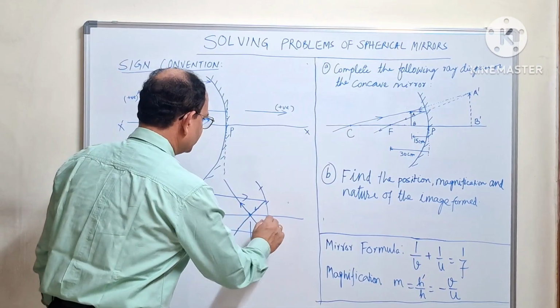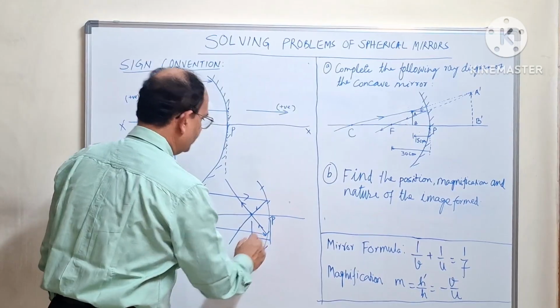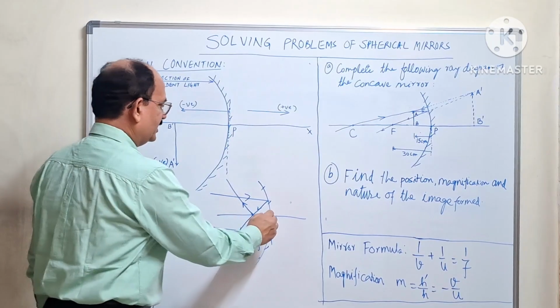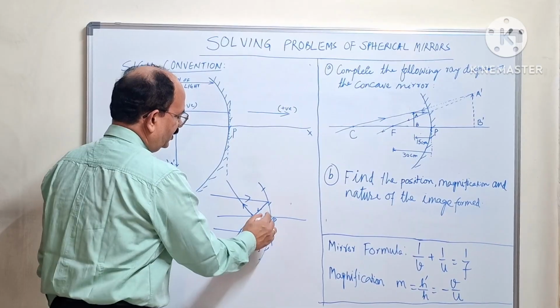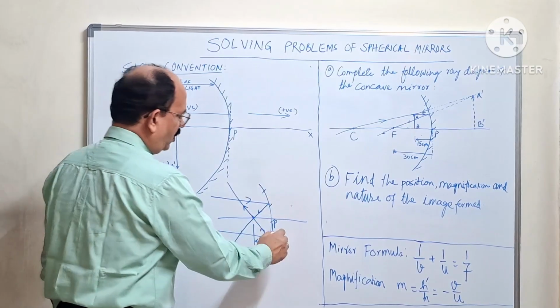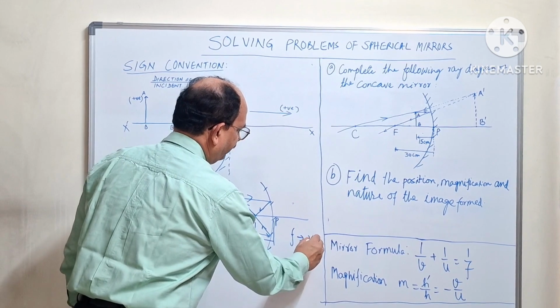So this distance, if this is the pole, is the focal length f. Now you can notice that to measure the focal length, you have to go left of the pole. Therefore, for a concave mirror, the focal length will be negative.